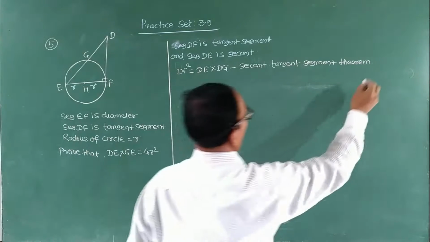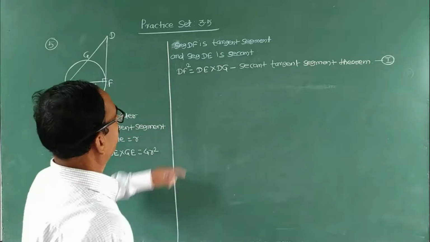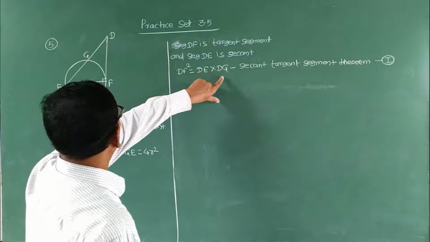This is our equation number 1: DF square equal to DE into DG.